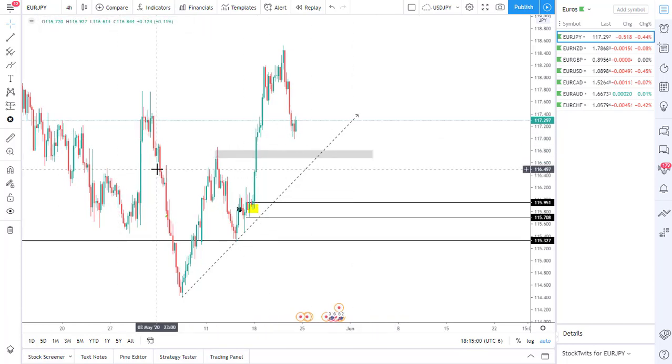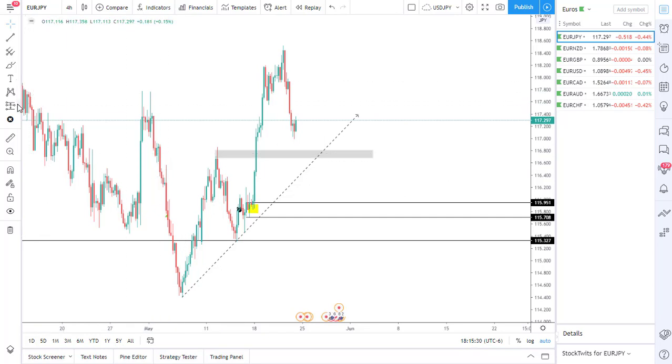You know, the textbook says that once your resistance level is broken, it's supposed to become your new support. And I don't follow those concepts. I don't follow those strategies that, well, in my opinion, they don't work as I wish. So I don't trade those type of concepts.